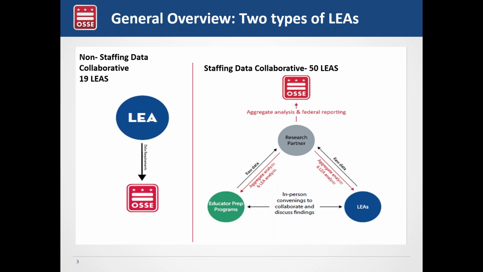Staffing Data Collaborative members give the data directly to our research vendor that then aggregates information. They also receive the TNTP Insight Survey for free, and they receive reports back. During this year, we've incorporated educator preparation programs that will also be receiving aggregate information, and Staffing Data Collaborative members will have an opportunity to collaborate with them. Non-collaborative members give OSSI the data directly.